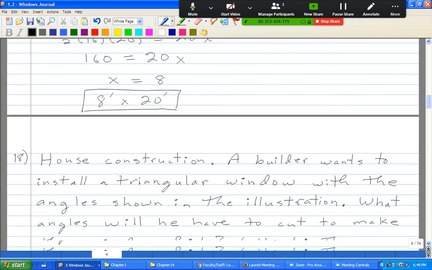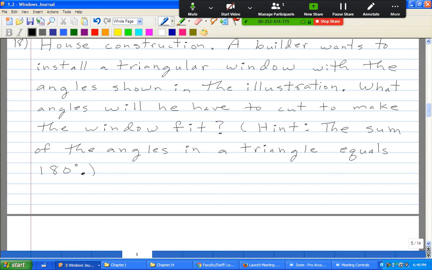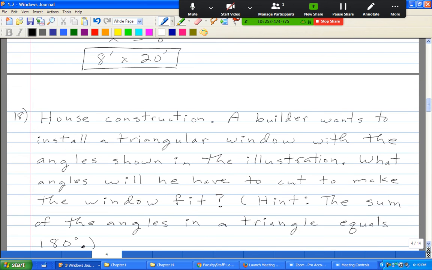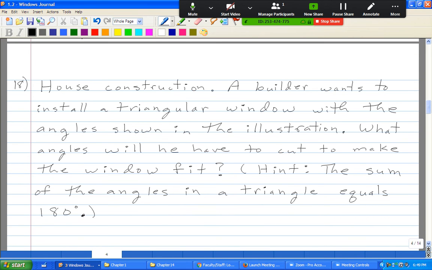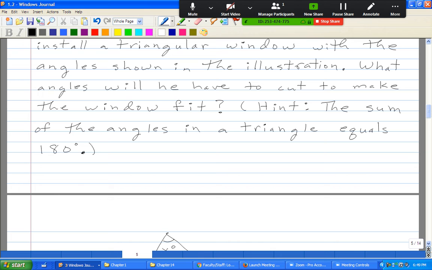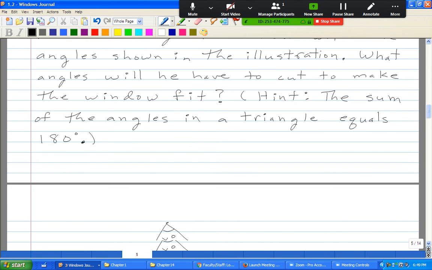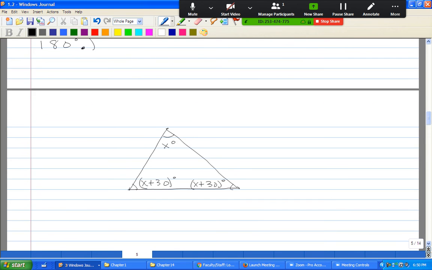Let me do problem number 18. House construction. A builder wants to install a triangular window with the angles shown in the illustration. What angles will he have to cut to make the window fit? Hint, the sum of the angles of a triangle equals 180.